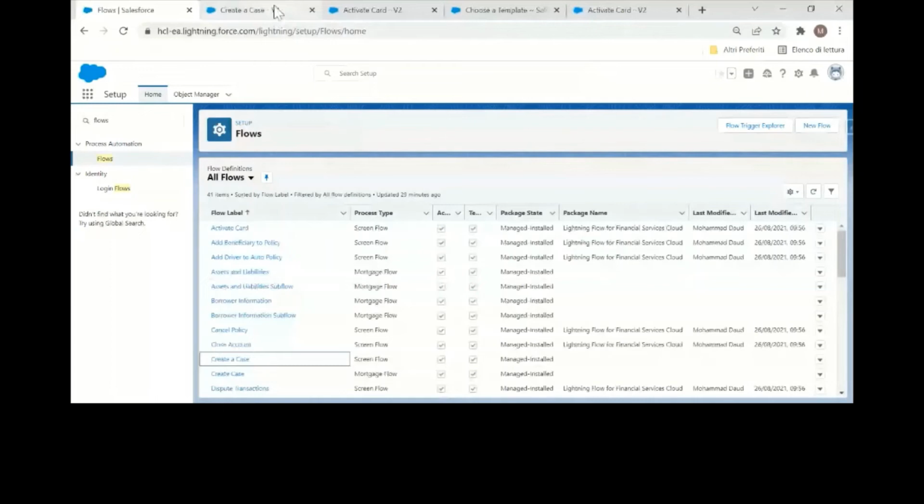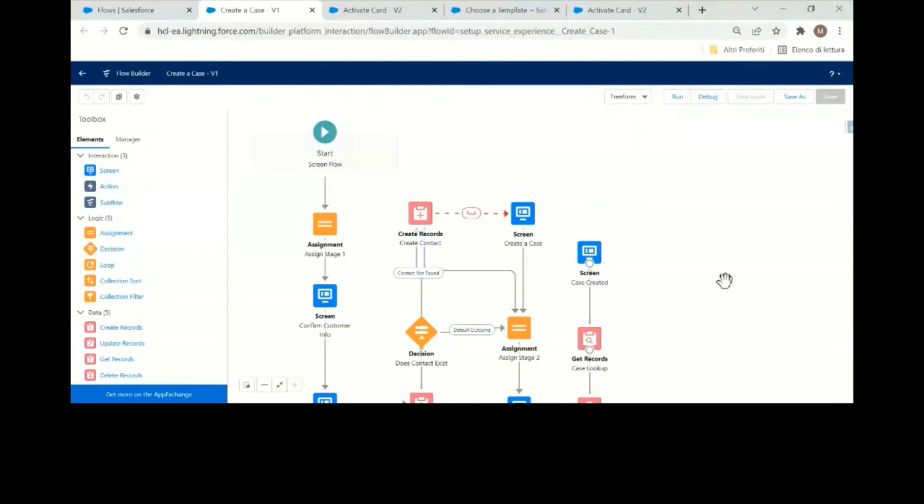So the next one I was saying is create case, and when the case gets created, in this flow we can design both the customer's experience and what would happen after the case gets created in Salesforce. For example, when the case gets created, then we can add the decisions and all the assignments as well in this flow.